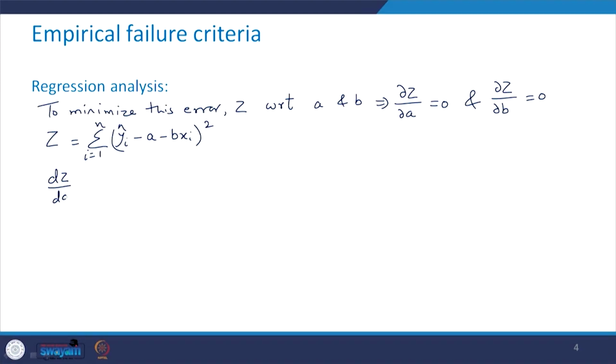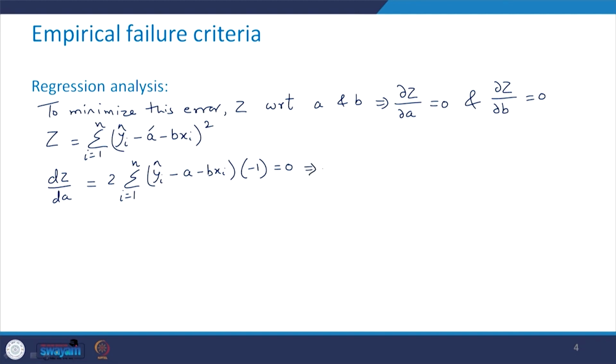So what we are going to get is dz da is equal to 2 summation i equal to 1 to n (yi cap minus a minus b xi), and for this minus a I will be getting one negative term, and then we need to make it equal to 0.